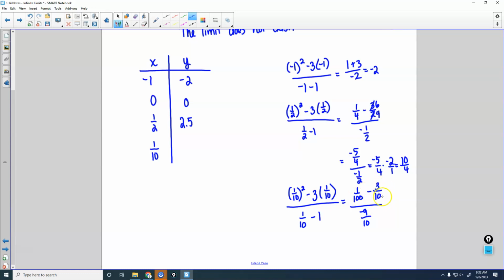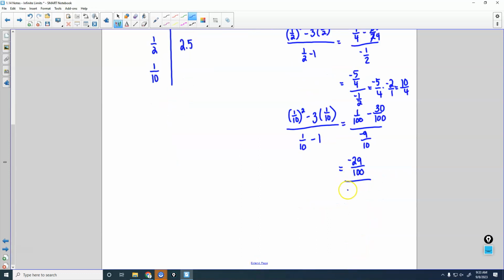Got to get common denominators in that numerator. I can do that just by putting that 0 right there. So I get -29 over 100 divided by -9 over 10.